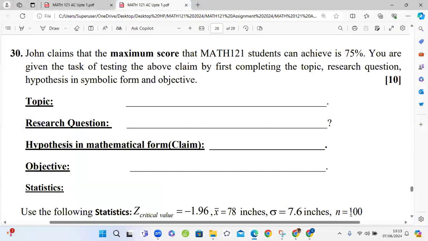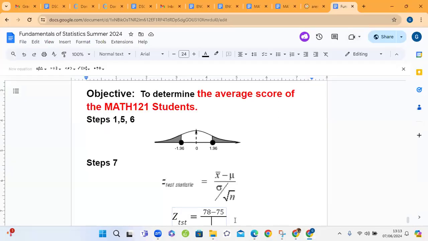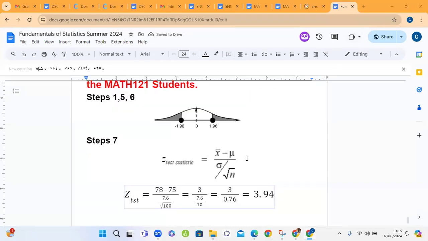Sigma is 7.6, n is 100. So we have calculated the test statistic and got a value of 3.94.